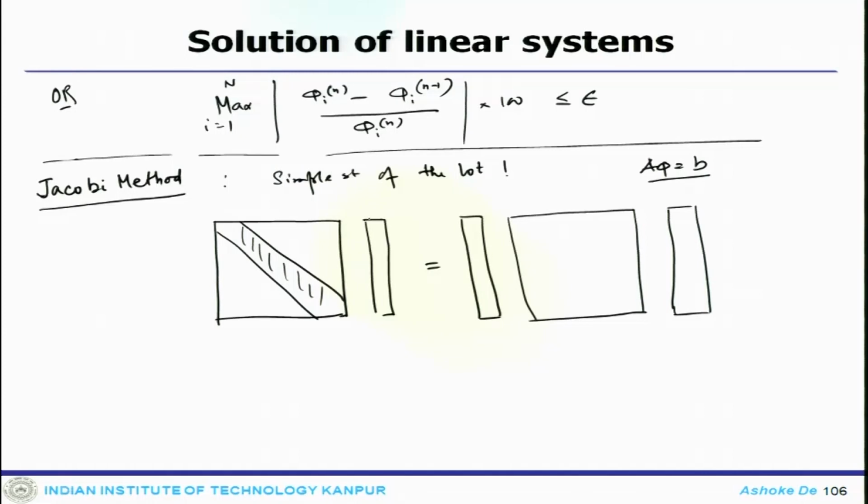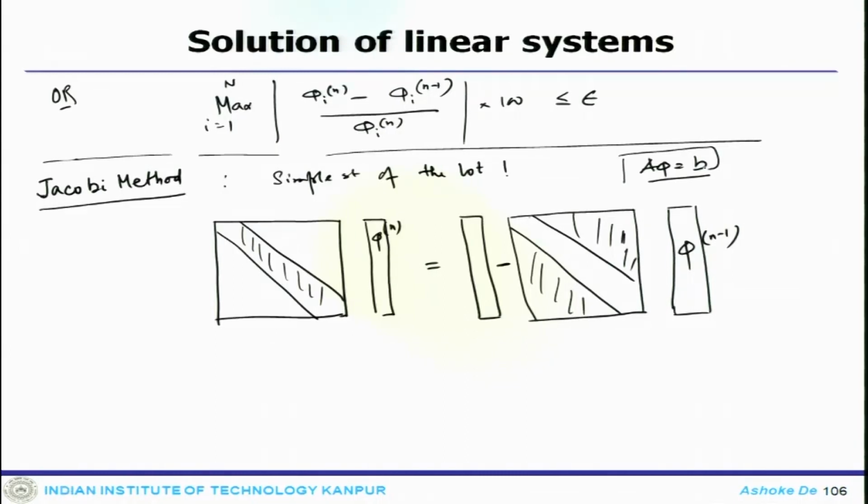So this is your phi n, then this is phi n minus 1. That is what the graphical representation shows, like how you get these things, and the equation that we are solving is A phi equals b.